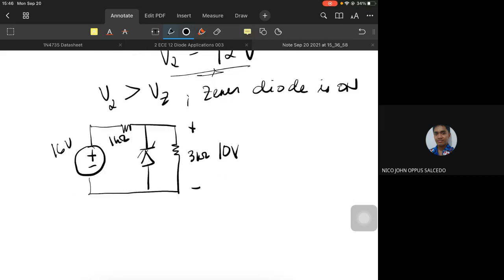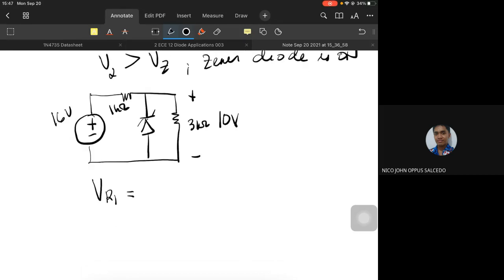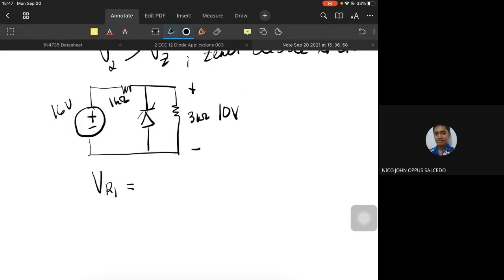So how much would the value across R1, VR1, be? Would you like to guess? The voltage source is 16.